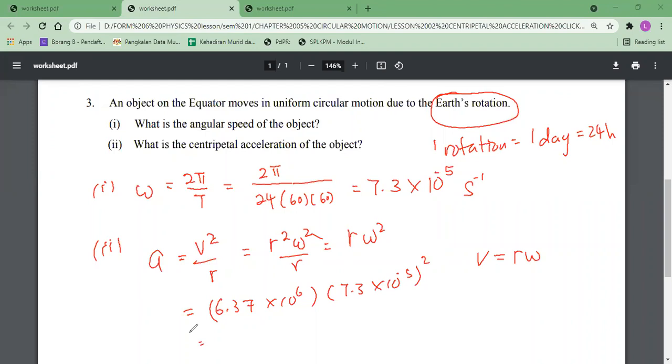So at the end, it will be equal to 0.0339 m s negative 2. This is the centripetal acceleration.